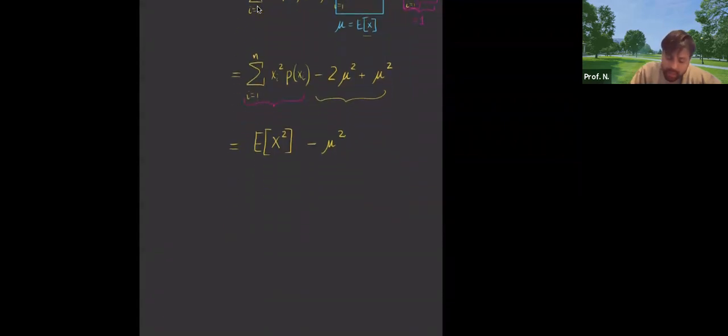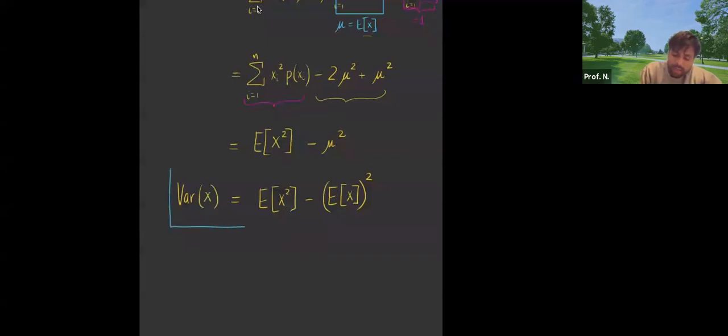So I'm just going to rewrite that one more time. Let's write it like this: the expected value of x, parentheses, squared. This is another definition. This is like the second way. Definition number 2.